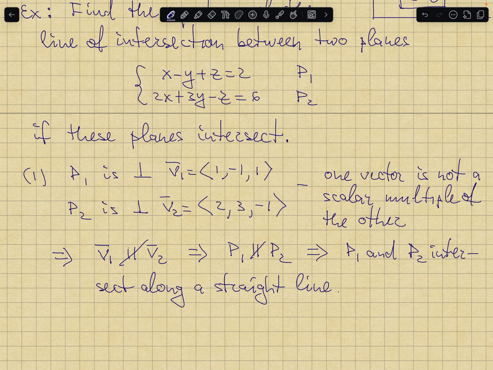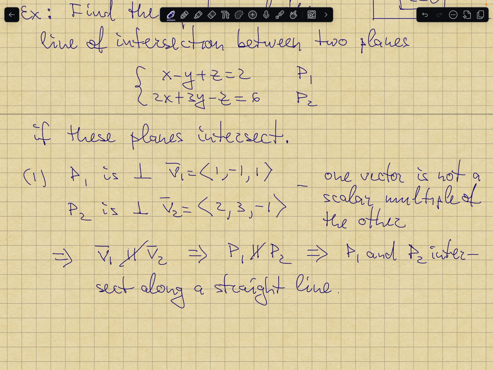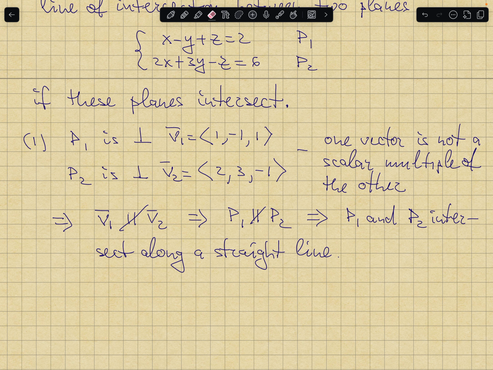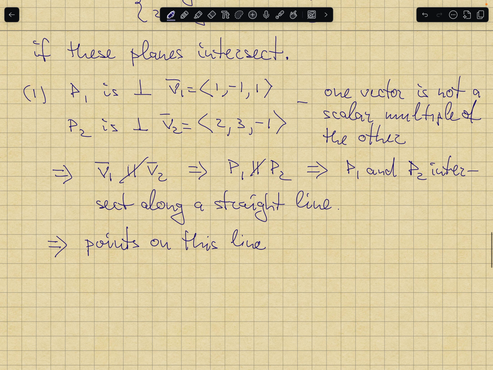So now I have to find the equation of that line. And just like in the previous example, points on the line are going to lie on both planes, and so their coordinates must satisfy both equations, for P1 and P2.